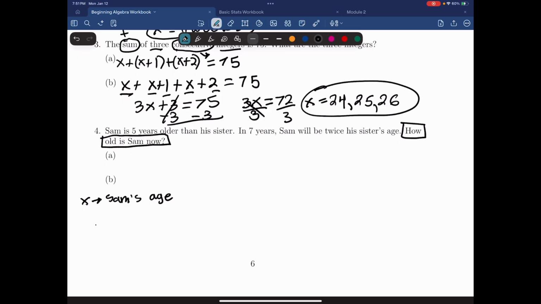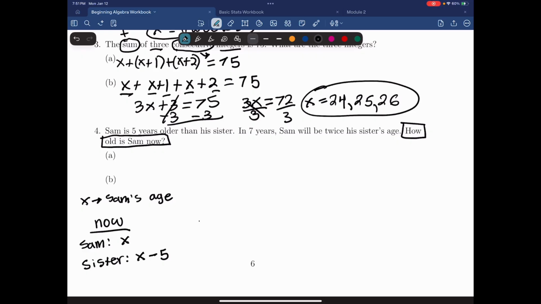So I'm going to take this one step at a time. Let's define expressions as they are now. So Sam, as we said, his age is x. But what about his sister? How old is his sister right now? Well, in the problem, we're told that Sam is 5 years older than his sister. So his sister is 5 years less than Sam.